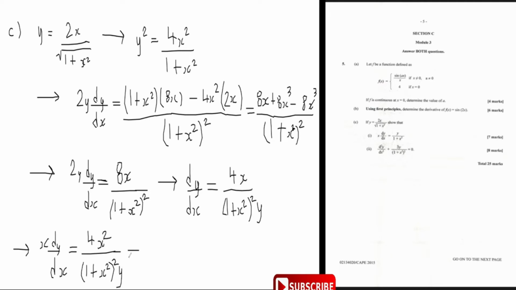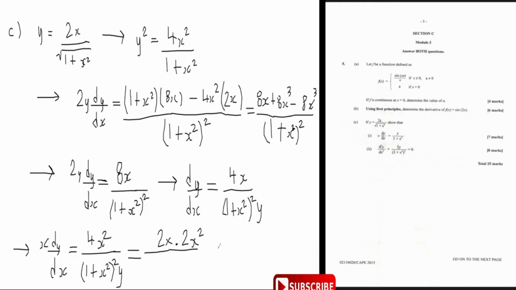But look at this now. Remember 4x squared can be broken up as 2x times 2x. I can break up the numerator as 2x times 2x.